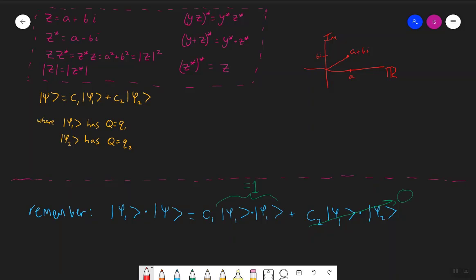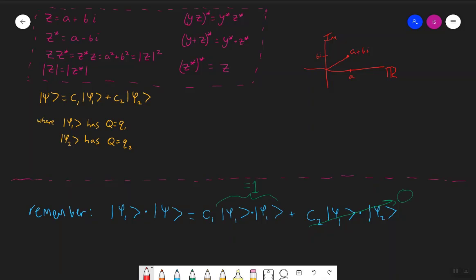Another way of saying that is the complex conjugate of a product is the product of the complex conjugates. Similarly, the complex conjugate of a sum is the sum of the complex conjugates. And lastly, if you take the complex conjugate and then take the complex conjugate again, you get back to your original complex number. That's what this (z star) star equals z says.